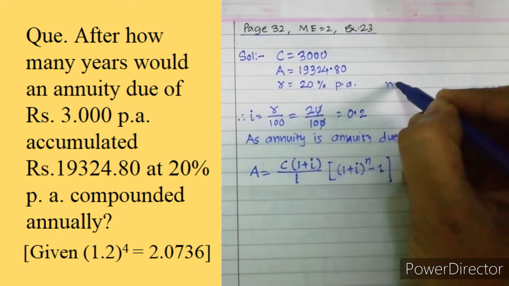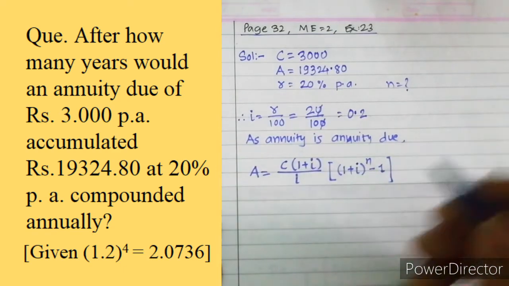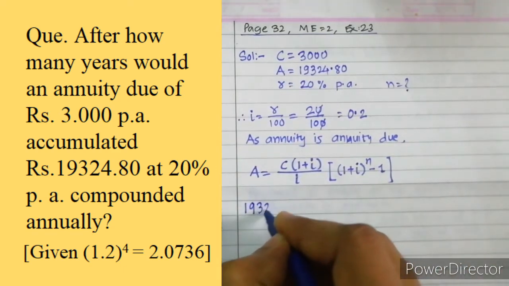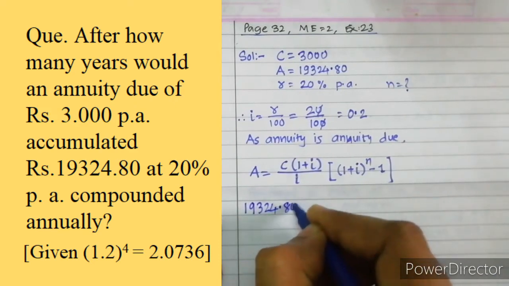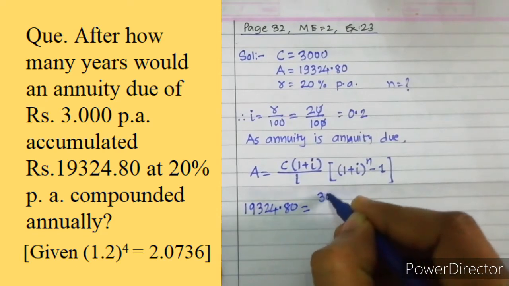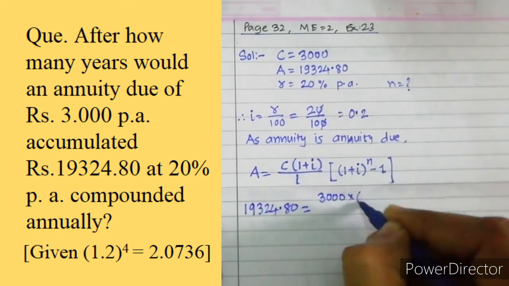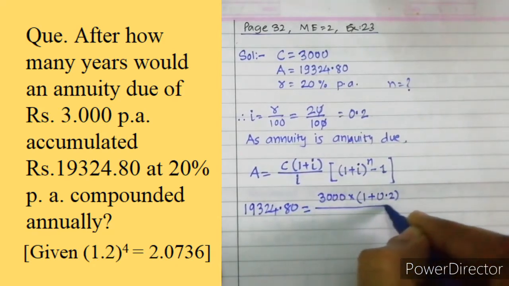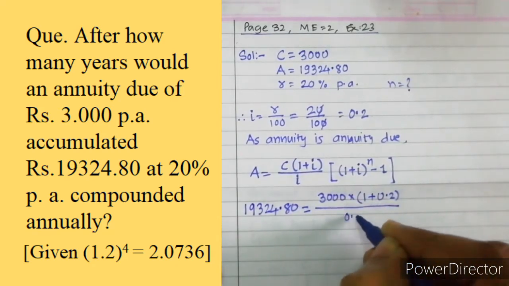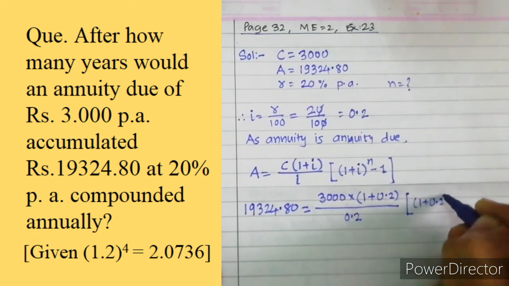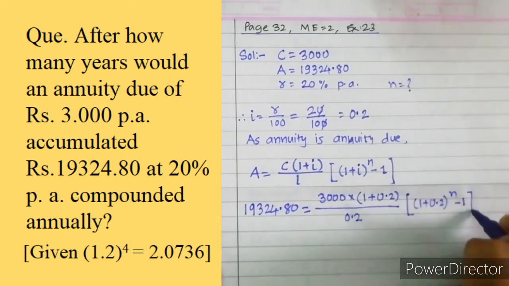So n is unknown. Let us substitute all these values. A is equal to 19324.80. C is 3,000 into 1 plus 0.2, divided by 0.2, that is I. Now 1 plus 0.2 bracket raised to n minus 1.